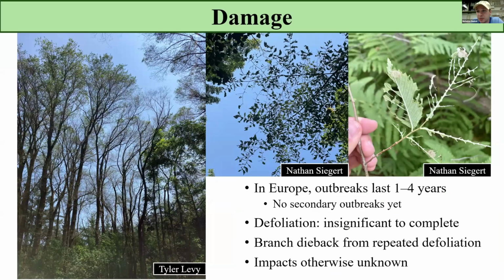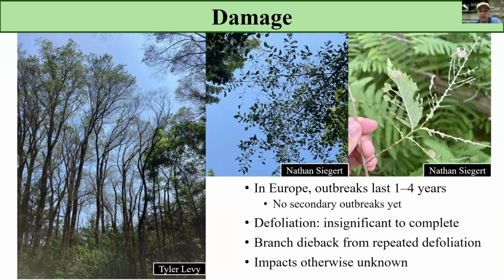As far as the damage we're seeing from this species, in Europe, outbreaks lasted 1 to 4 years, but they haven't really seen secondary outbreaks yet. So it's possible that this species is just naturalizing and will settle down. Defoliation reported ranges from insignificant to complete.